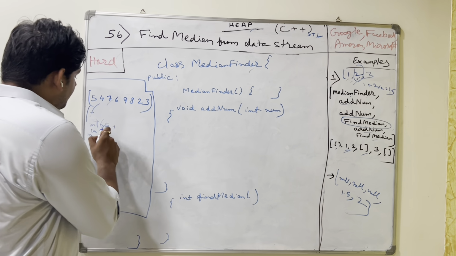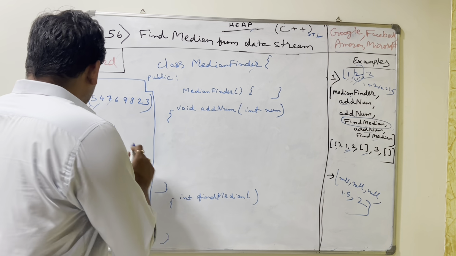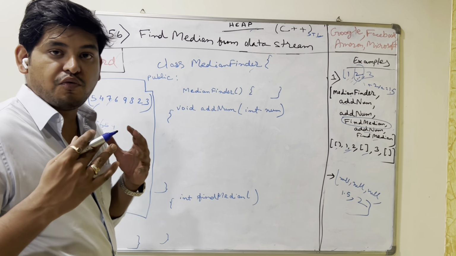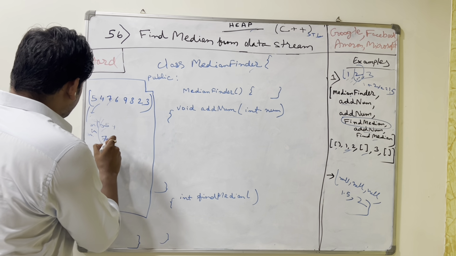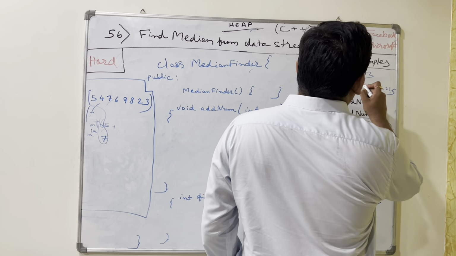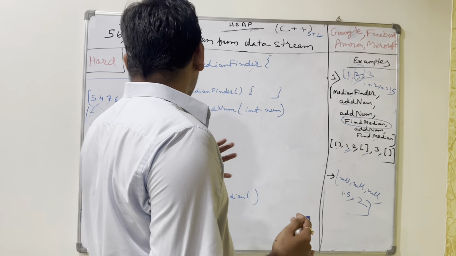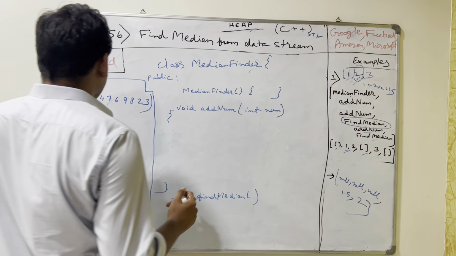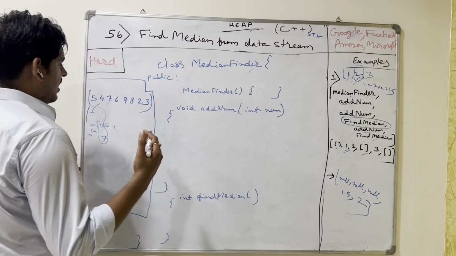So we will give 6 as the median. But if the sizes of M1 and M2 had been equal, at that point we would take the average of the two tops, like we took the average of 1, 2. That is the way we need to solve this problem. So you'll understand what the intuition is.